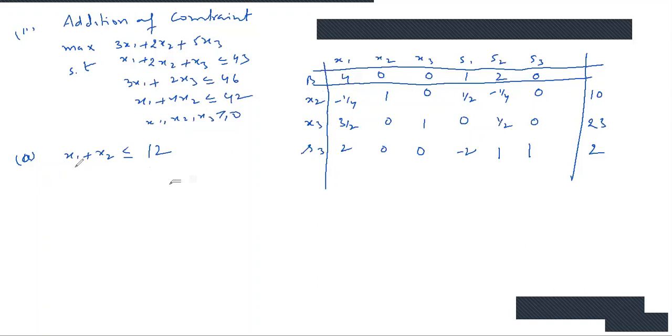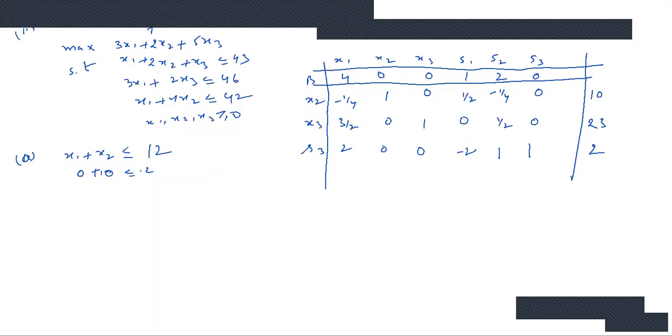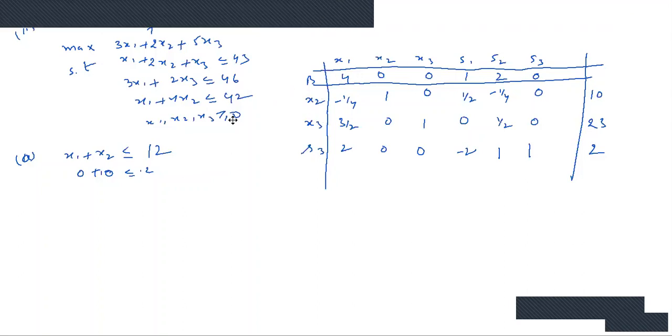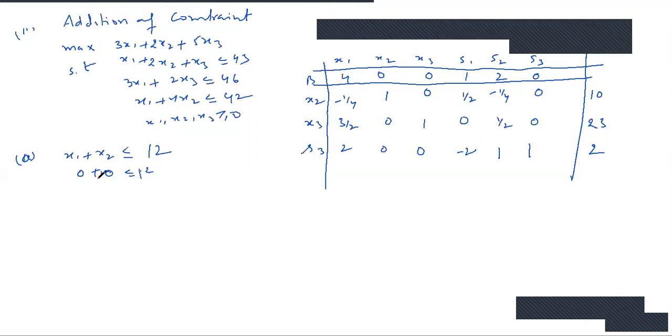So what is my x1 plus x2? It is 0 plus 10. 10 is always less than or equal to 12. So that means this constraint is already satisfied by the optimal solution.